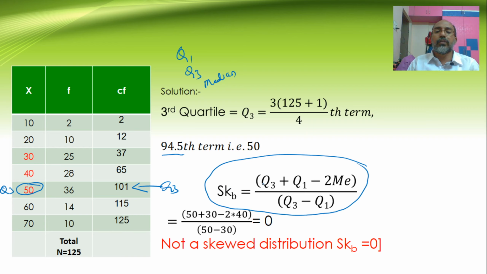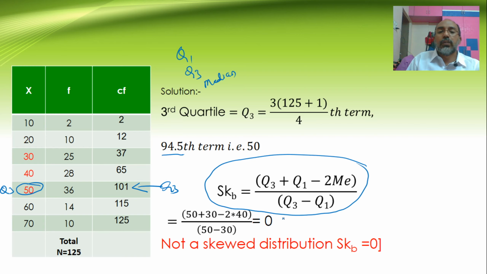For learning purposes we only substitute these values, but in the main examination you have to do the entire calculation, that is finding Q1, Q3 and the median, and then it is called an essay type question.